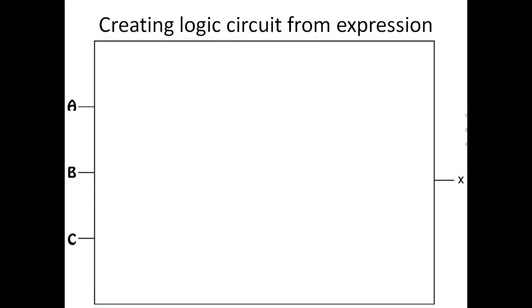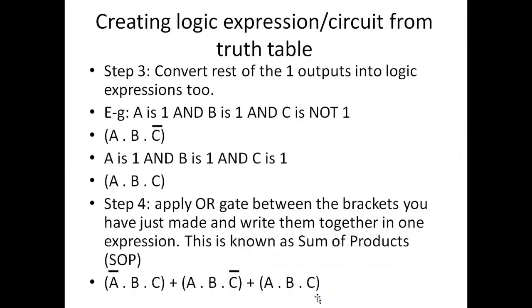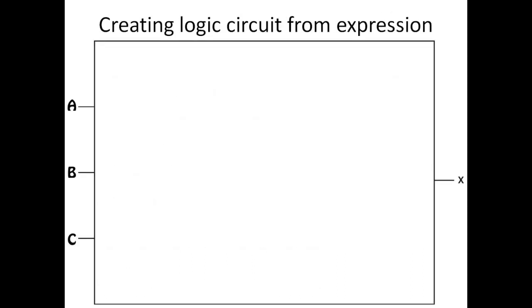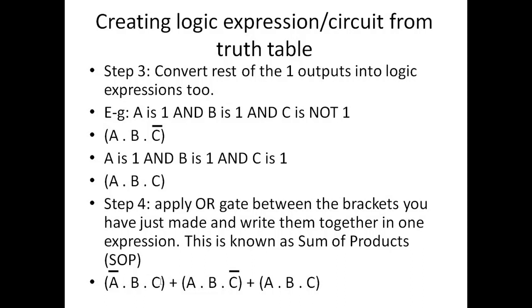Whereas right now I'm going to make it for this A bar dot B dot C. So A bar means I need an A not, and what else I need? B and C.